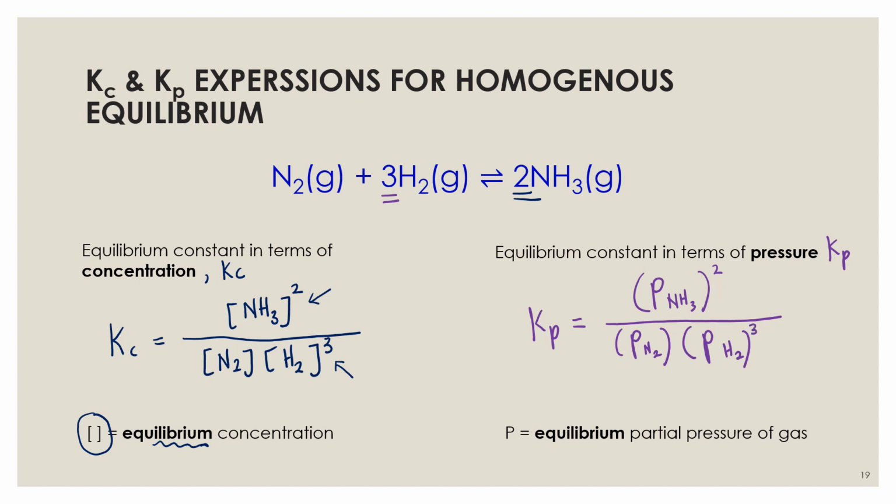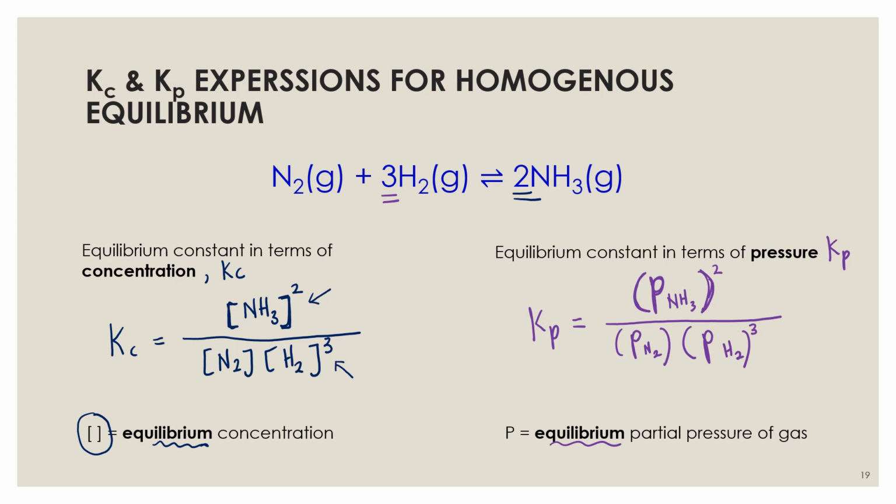P is the equilibrium partial pressure of the gas, and to write the Kp expression we use round brackets like this. But for the Kc expression, we use square brackets to show that this is the equilibrium concentration. The symbol P here refers to the equilibrium partial pressure of the gas.